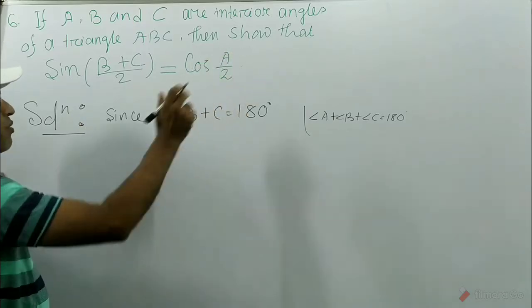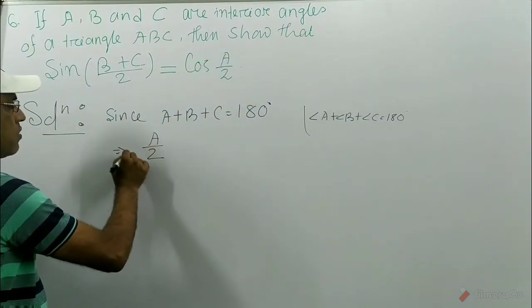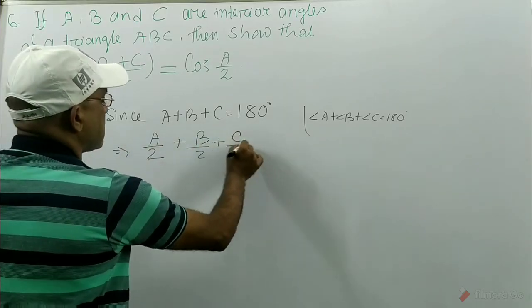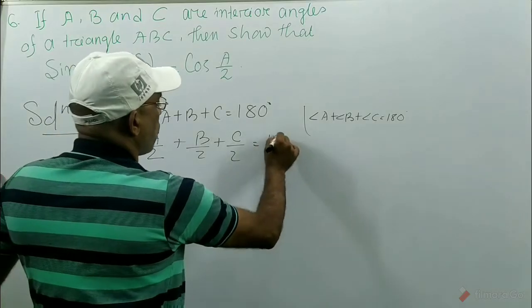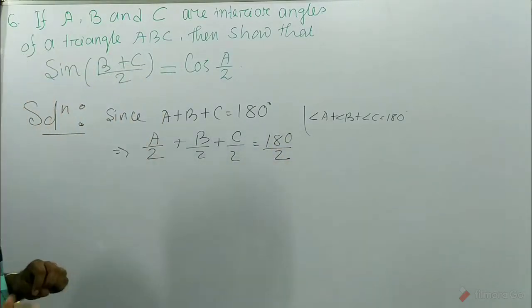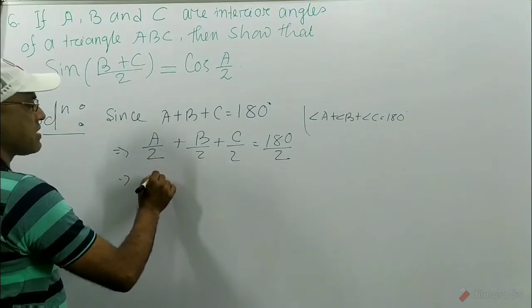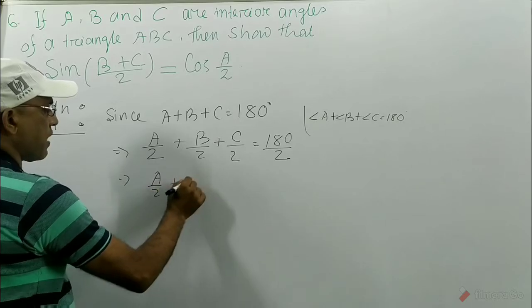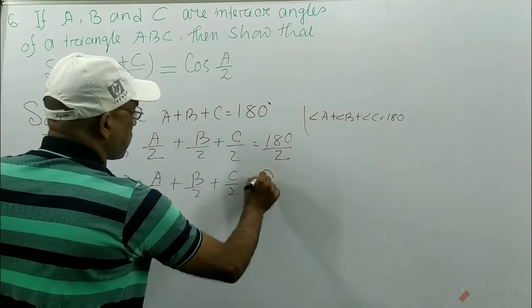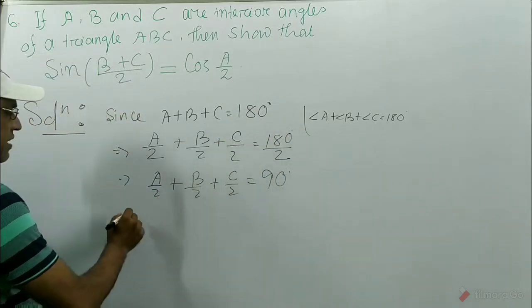So we divide both sides by 2. A by 2 plus B by 2 plus C by 2 equals 180 by 2, which is 90 degrees.